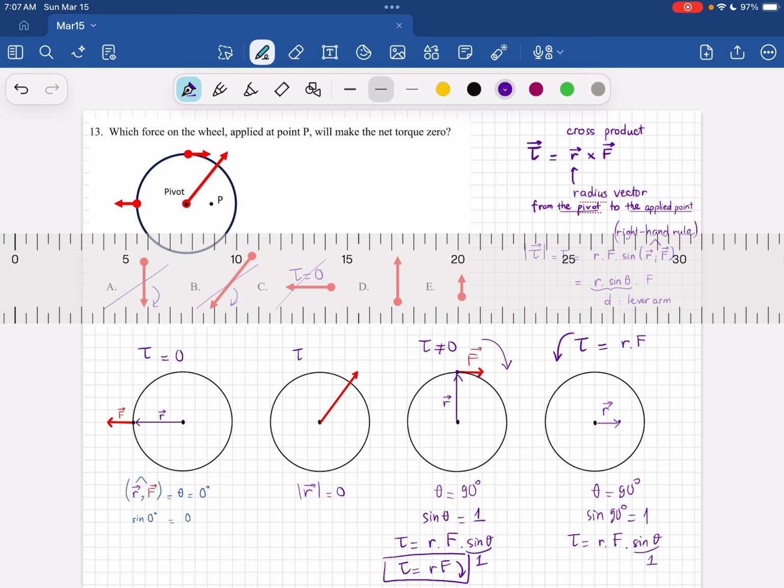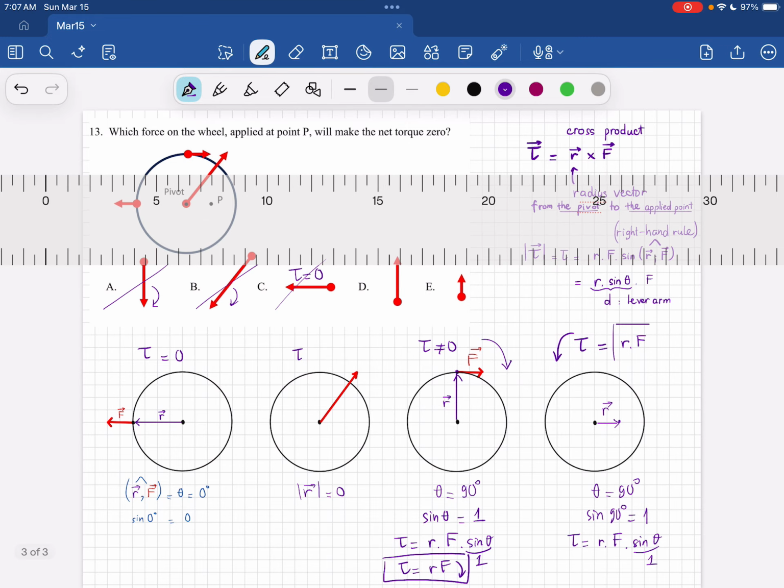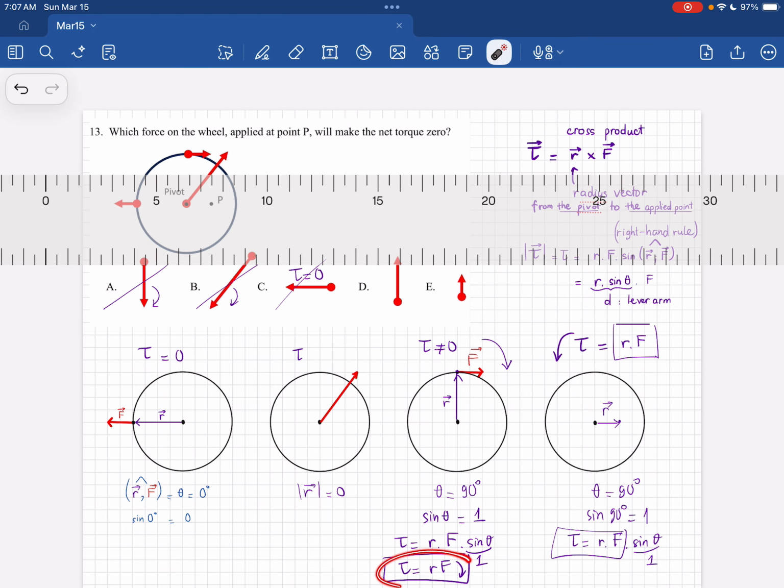So we can see that this one is kind of the same equation as this one, but in order to distinguish them, let me add some labeling here. This should be R1, this is F1, this is torque 1, okay?